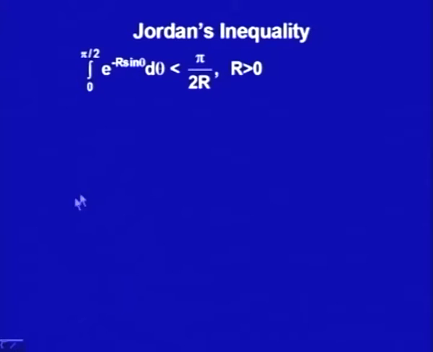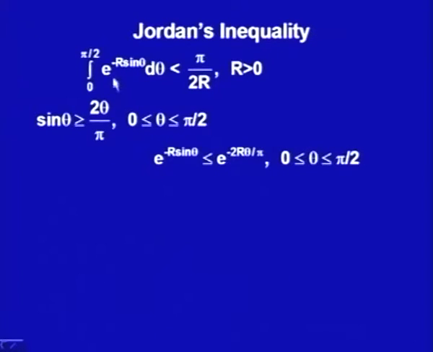We have just shown that sin theta is greater than 2 theta upon pi. So, we would use that. We would write e to the power minus r sin theta, which is actually 1 upon e to the power r sin theta.